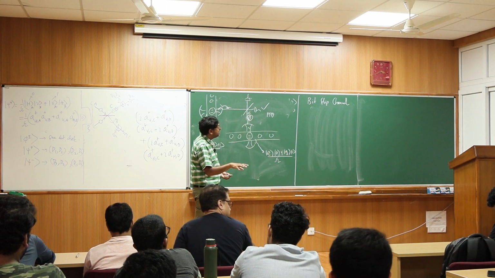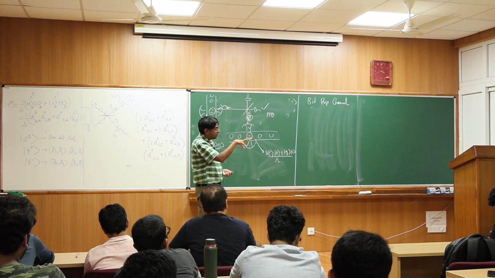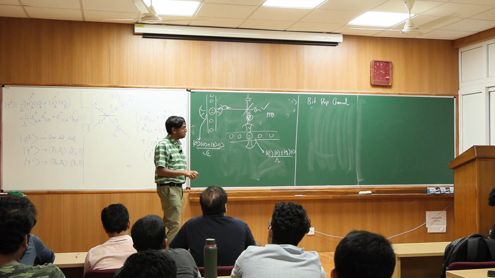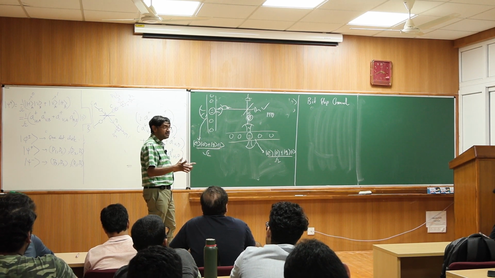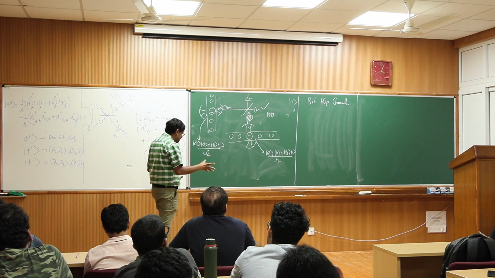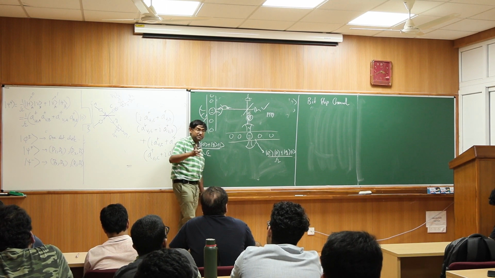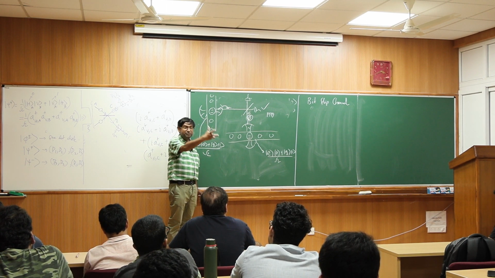One good thing about quantum computation, which you usually learn just before quantum error correction, is this: for a long time there was doubt whether quantum computers could be built at all, because any error can be any unitary operation.